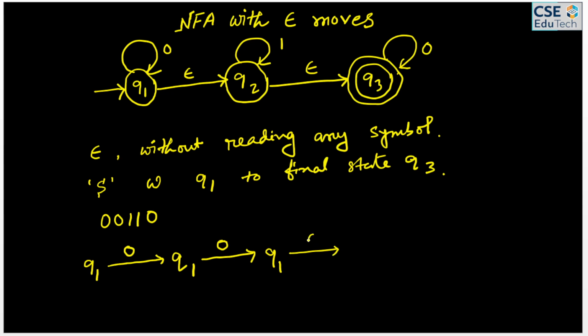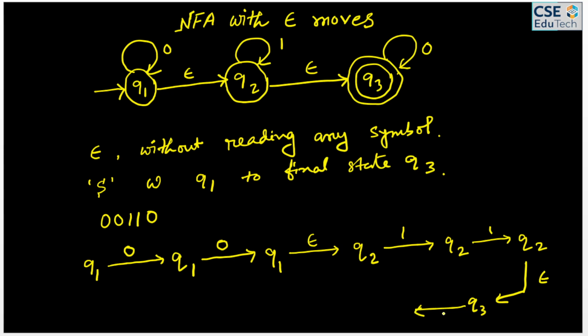After reading epsilon, you are in state Q2, and in Q2 after reading 1, you are in Q2. Again after reading 1, you are in Q2. Then from Q2 after reading epsilon, you are in Q3, and from Q3 after reading 0, you are in Q3 again, and Q3 is the accepting state, so this string will be accepted.